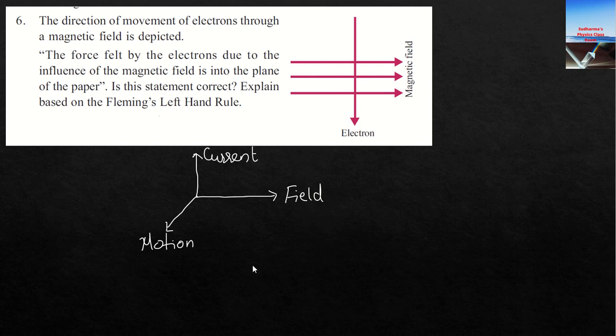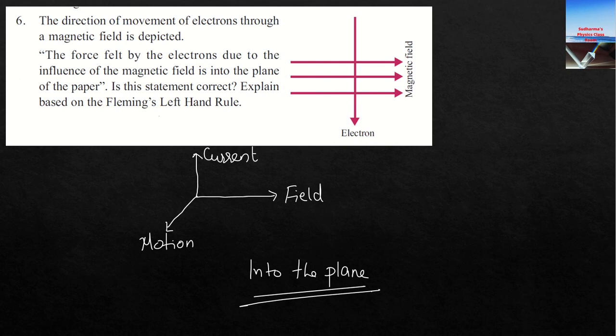So we can say that the motion is into the plane, and the statement is correct. Okay, is the statement correct? Explain based on Fleming's left-hand rule. The statement is correct because when the field and current are as per this diagram, the thumb will be pointing into the plane and the statement is going to be correct.